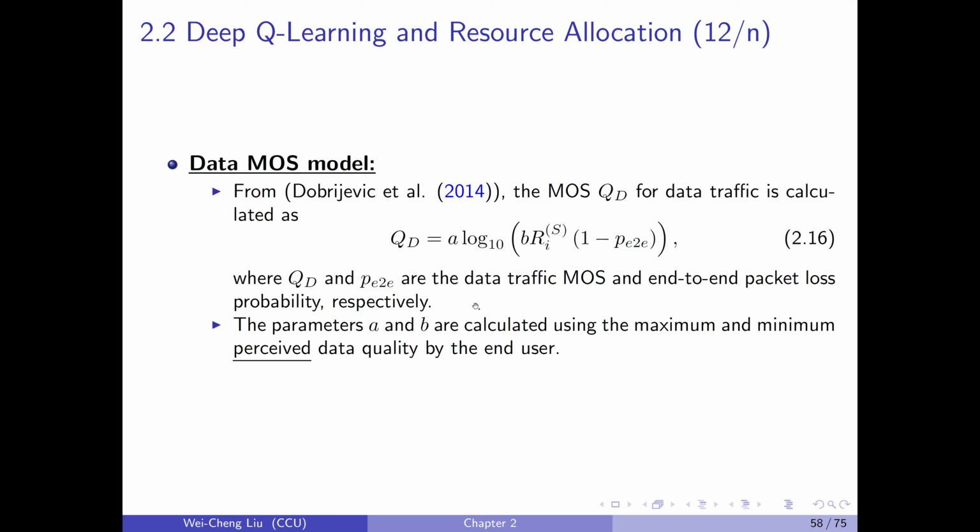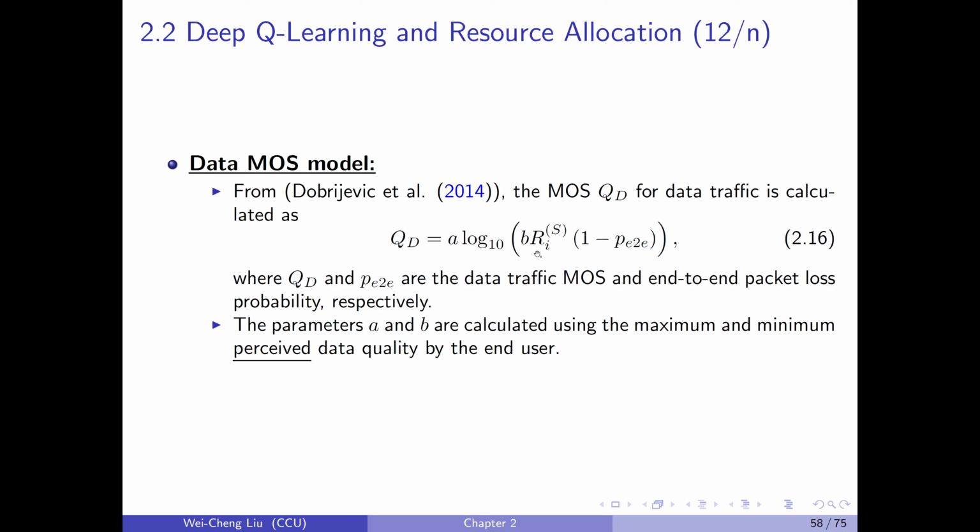For example, if I transmit 1,000 packets at the transmitter and I lose 10 packets at the receiver, that is, I only receive 990 packets, then the end-to-end packet loss probability is equal to 10 divided by 1000, which is 0.01, or 10 to the power of -2.